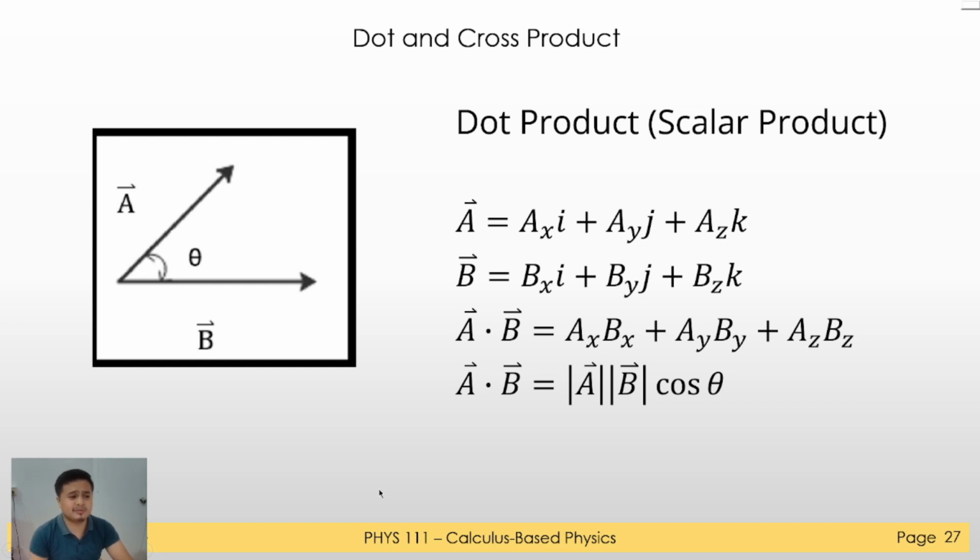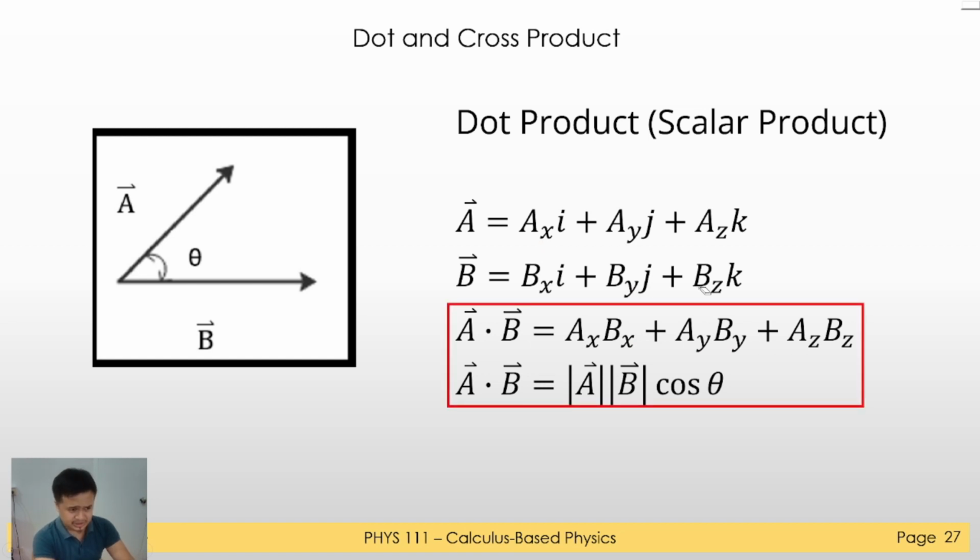Basically AX and BX, AY and BY, and so on. Okay? So just remember this formula, guys. And also this one is important. I won't show you the proof of this equation, to save time. But just remember this one.